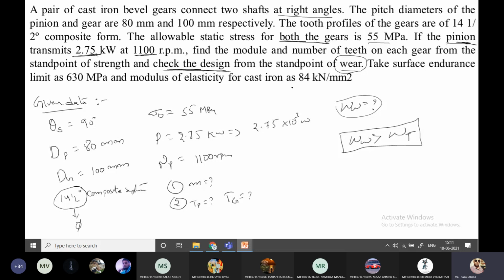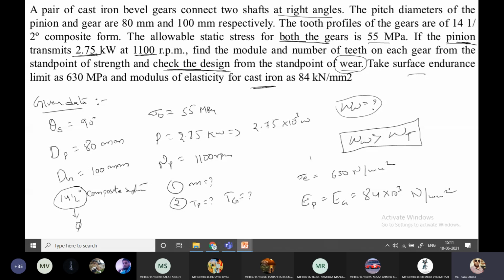Here the surface endurance strength limit is given: sigma E is 630 megapascal, which is Newton per mm square. And the modulus of elasticity for cast iron: both are made of cast iron material, so EP and EG are the same, 84 kilonewton per mm square.